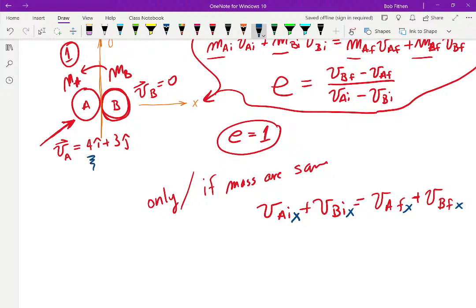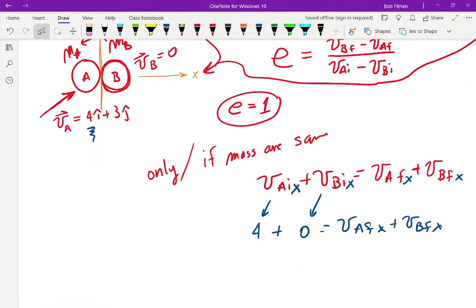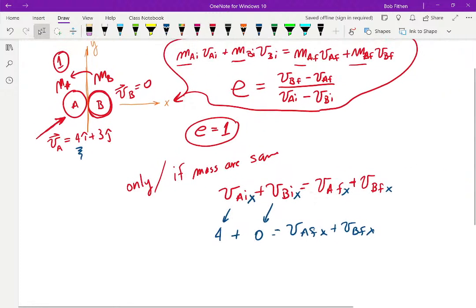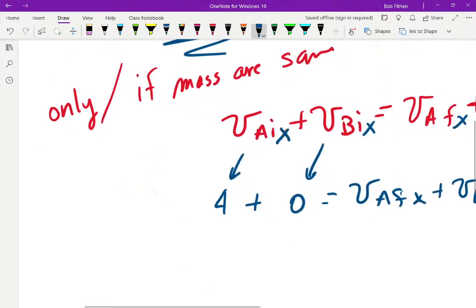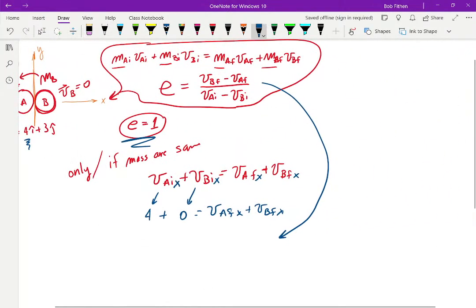So what we have is 4 plus 0 is equal to VA final along the x direction plus VB final along that same x direction. I don't have enough information here. Now, luckily, somebody gave us the coefficient of restitution here, and I'm going to write it down first.